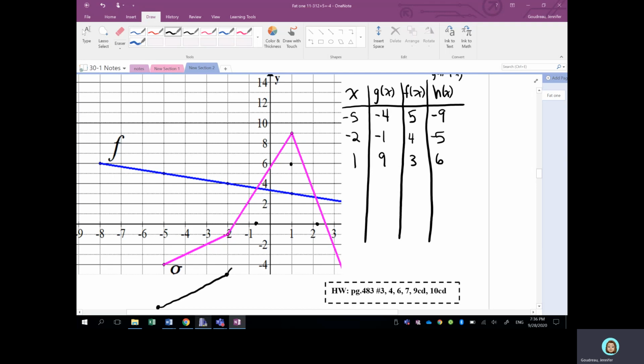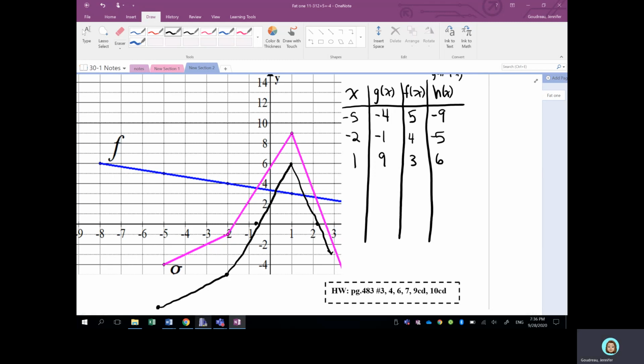Then we have this middle section here, kind of creating a triangle. And then we have the final section here, and then it's going to continue from there. And there is our graph. Again, a good idea: create a table of values for one function, a table of values for the other, and then put them together using that operation.